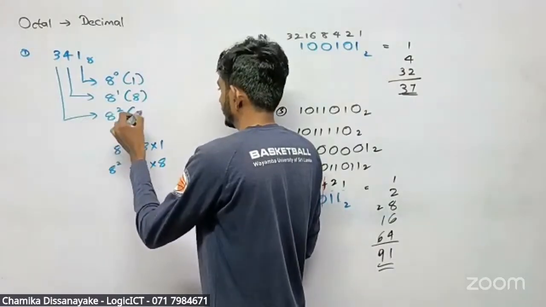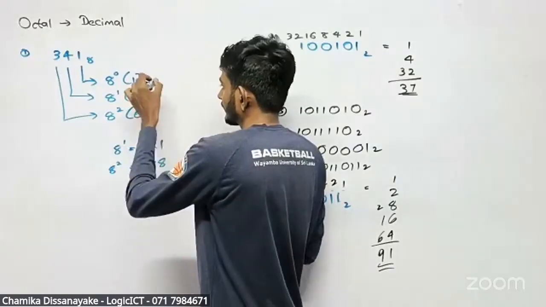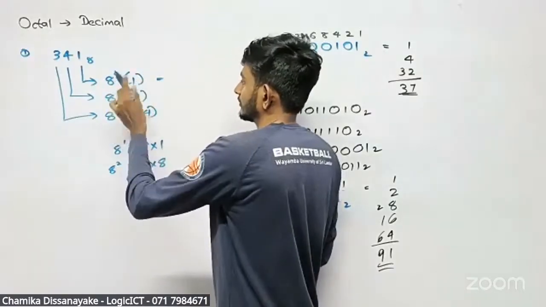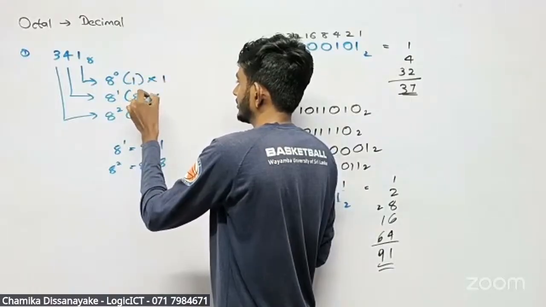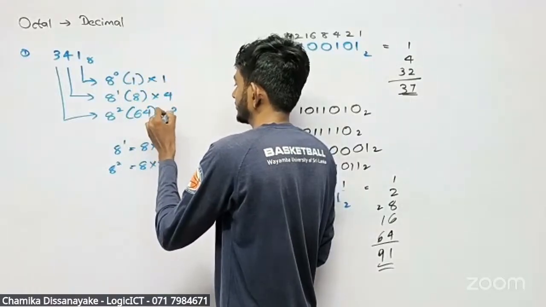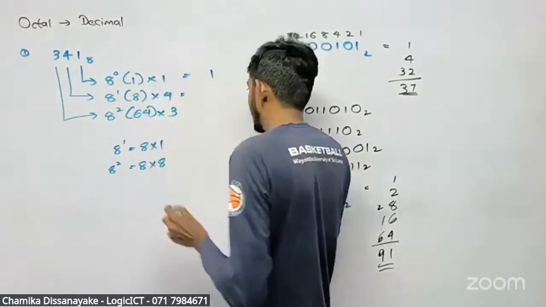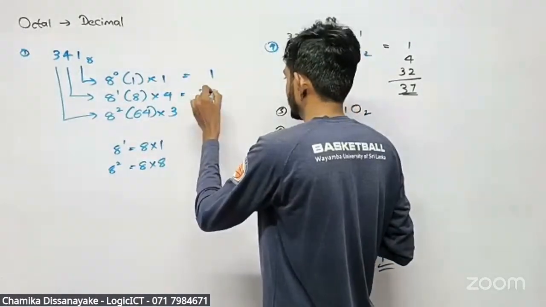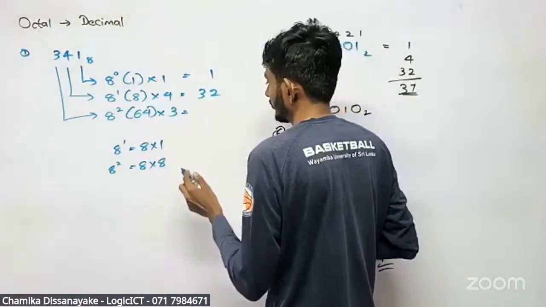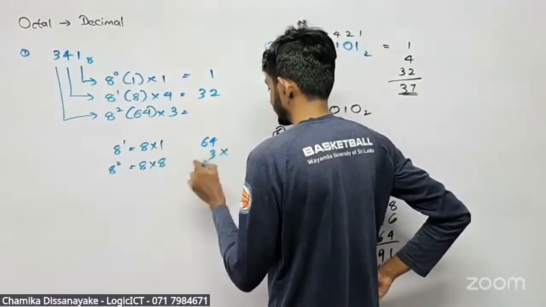The value is 64. Here, you have to just multiply this by 1, this by 4, this by 3. So here the value is 1. 8 by 4, 32. Then 64 by 3, 64 multiplied by 3.